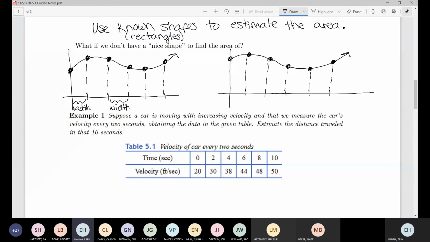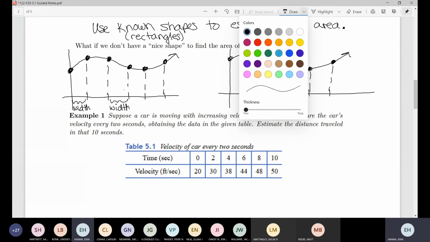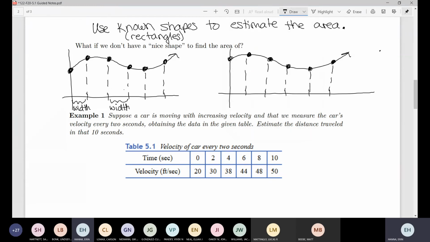And this is where we get two situations. Let me do this in a different color, and let me make it a little larger. There we go. So notice that if you treat these sections as an interval, you have a left side and a right side, right? We're going to choose either the left side or the right side to use the value of the function.